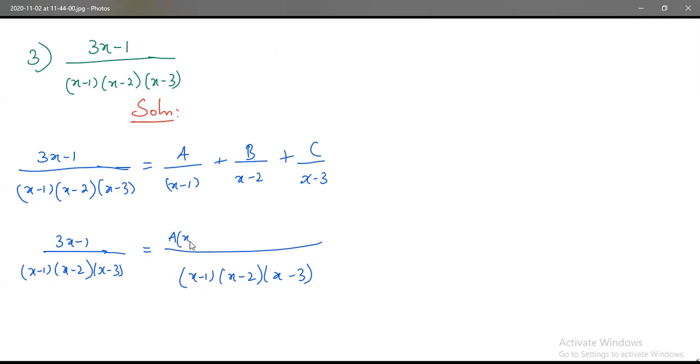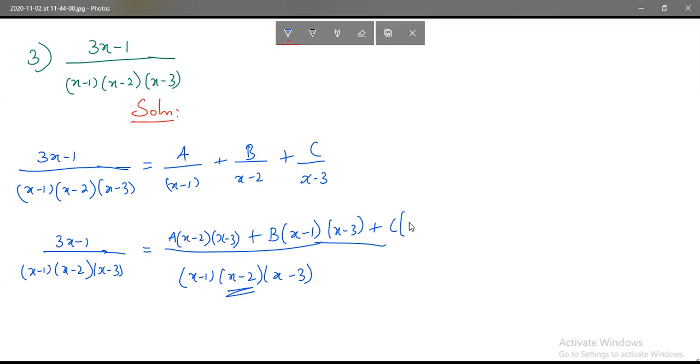So a into x minus 2 into x minus 3, plus b into, in the denominator you have x minus 2, so you can leave x minus 2 because it gets cancelled. You get x minus 1 into x minus 3. And now plus c into x minus 3 is already there. So it is x minus 1 into x minus 2.